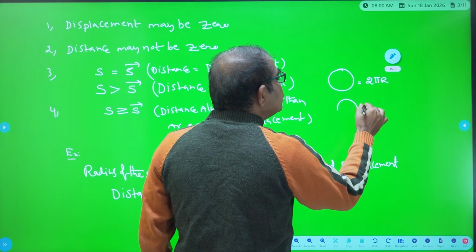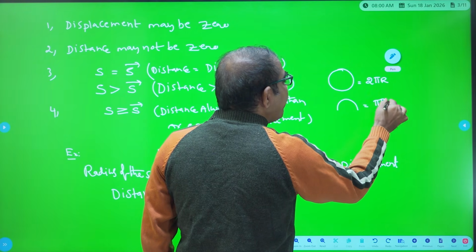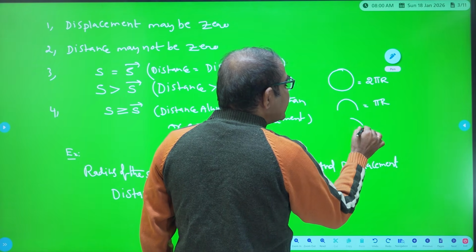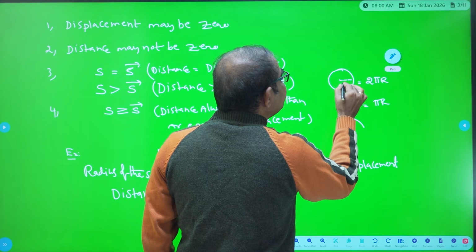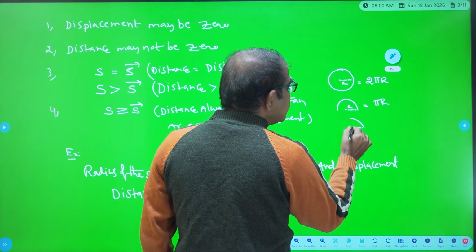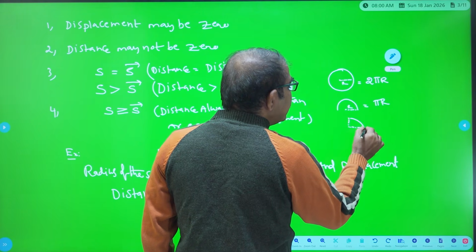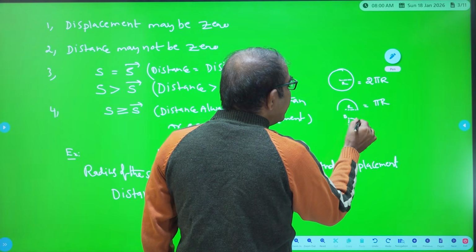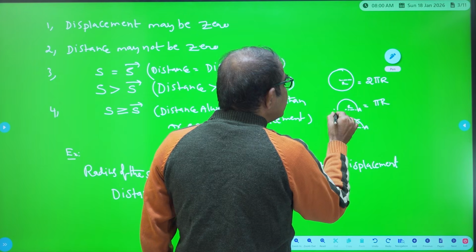The circumference of a circle is 2 pi r. Semicircle is pi r. Only the quadrant circle I am taking. This is the radius r, here also radius is r, and here also. This is called a quadrant circle, 1/4 circle.